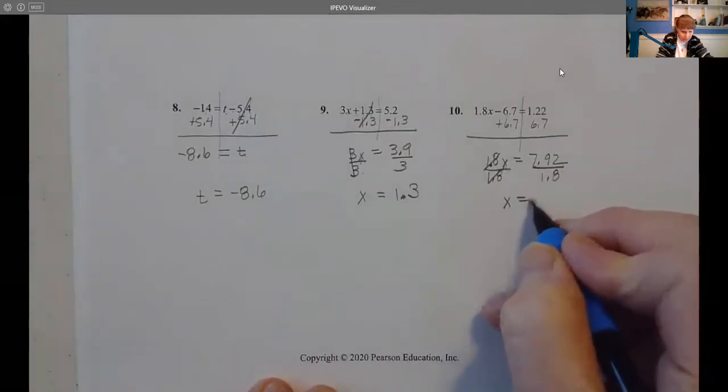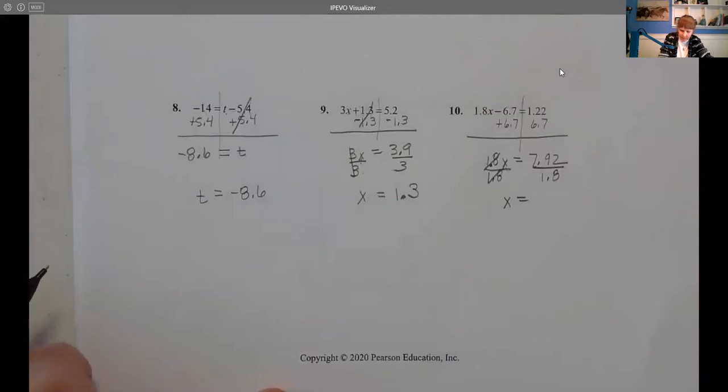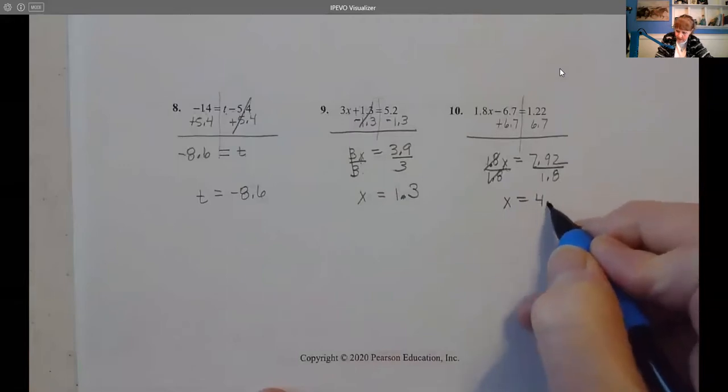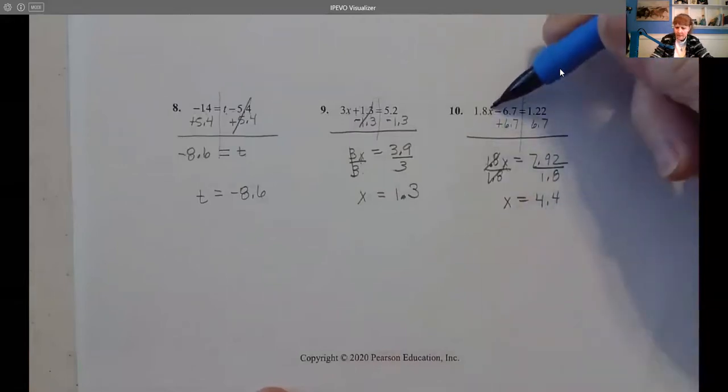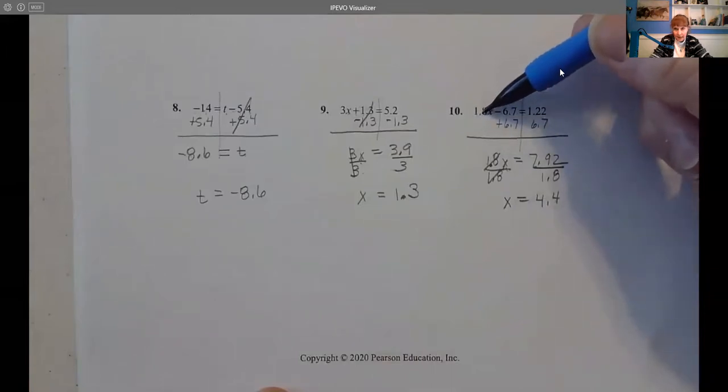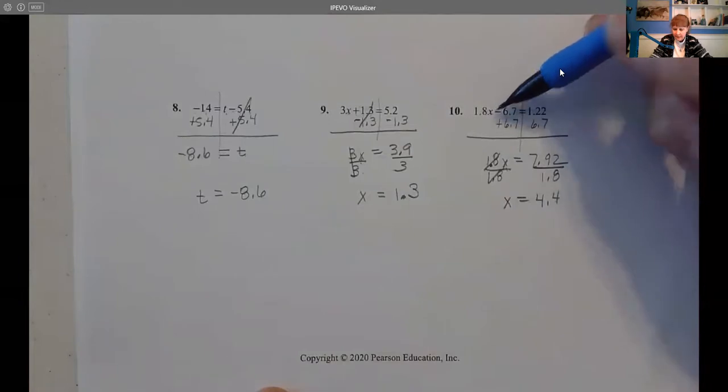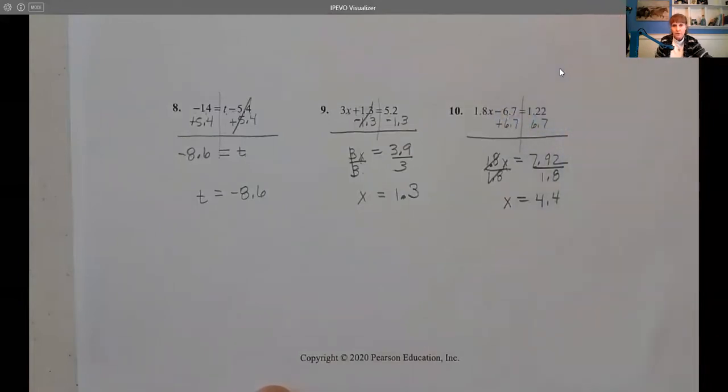So x equals 7.92 divided by 1.8, which is 4.4. And again, you could put that back in for the x, so you take 1.8 times 4.4, when they're next to each other, you multiply. Subtract 6.7 and you'll have 1.22.